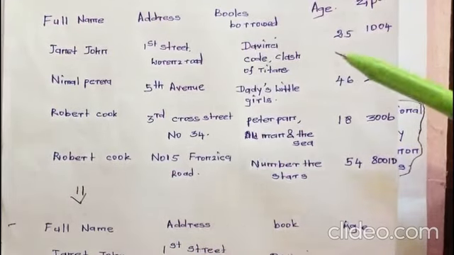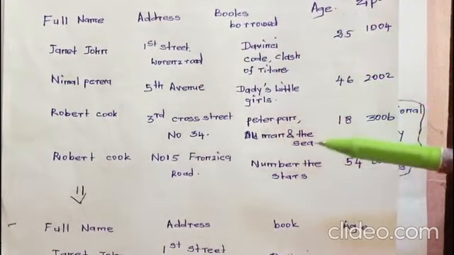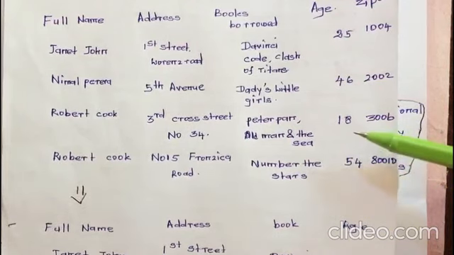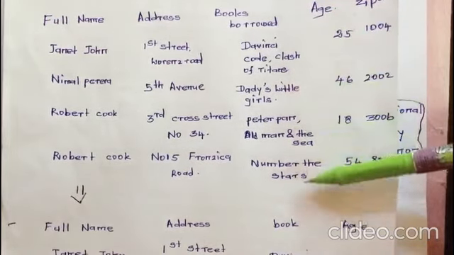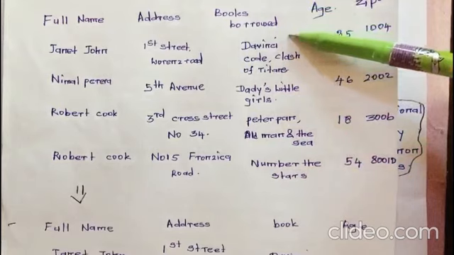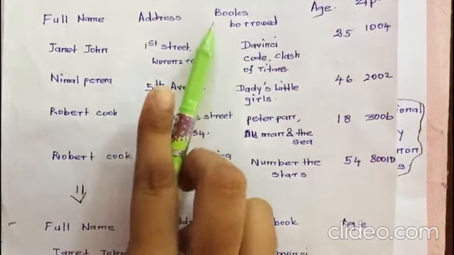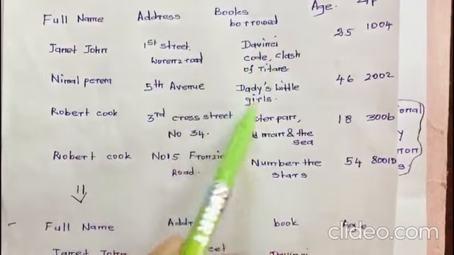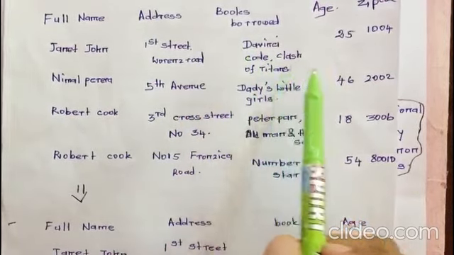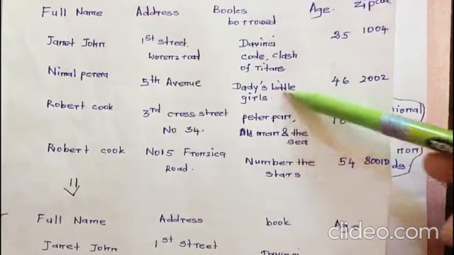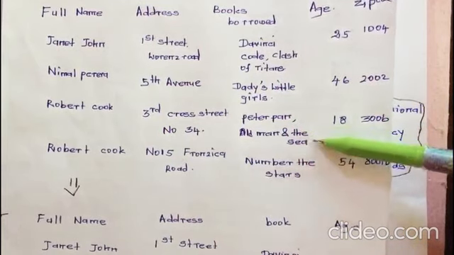Here you can see this table is not in a normalized form because each cell contains many values. If we look at books borrowed, these cells contain two values. Here, this cell also contains two values.